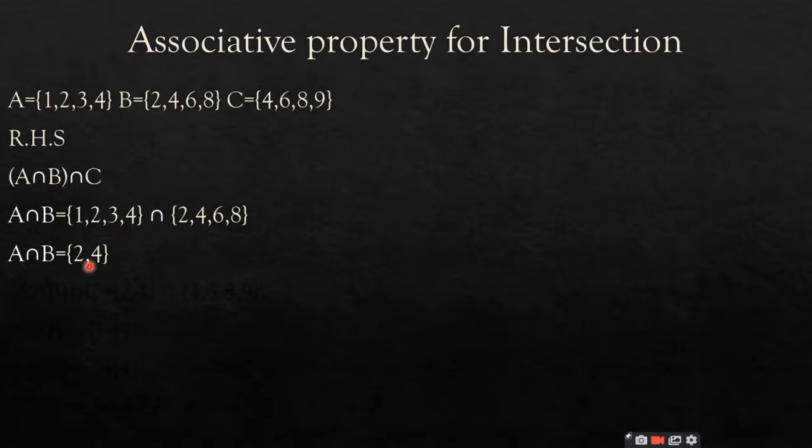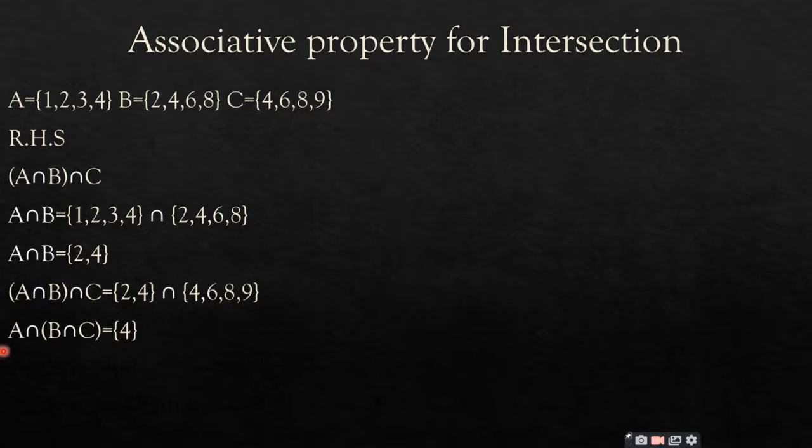So the common elements are 2 and 4. Now we have to find A intersection B intersection C. So first we write the answer of A intersection B, then the intersection sign, and then set C. And A intersection B intersection C is equal to 4.